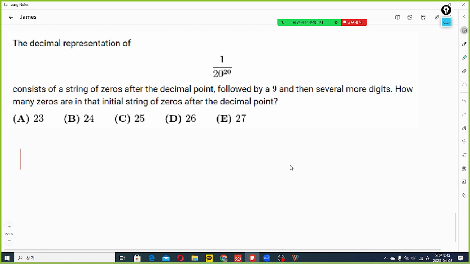So let's first estimate 20 to the power of 20.